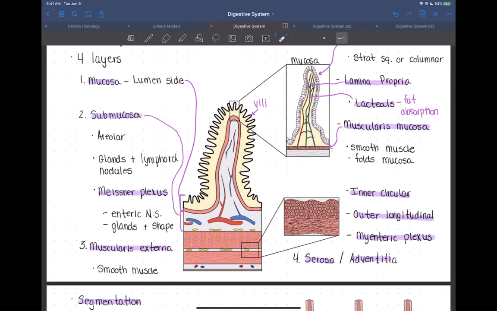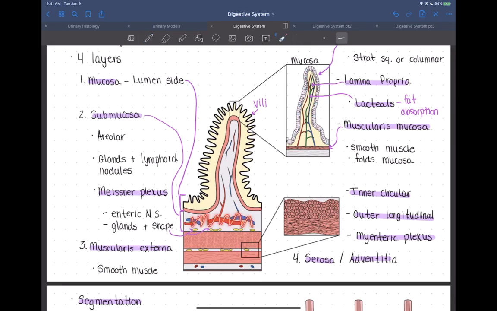And then we also have important nerves here, right? So the Meissner plexus, right? This kind of yellow we see here is going to be found at the base of the submucosa. And so that's going to be part of that enteric nervous system we mentioned. And it's going to be responsible for activating any glands that are found in the submucosa.